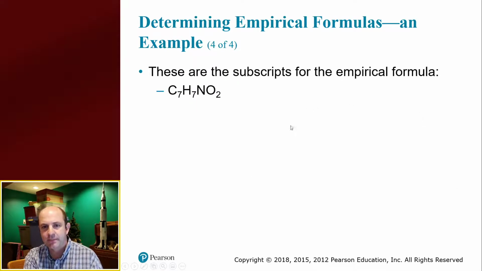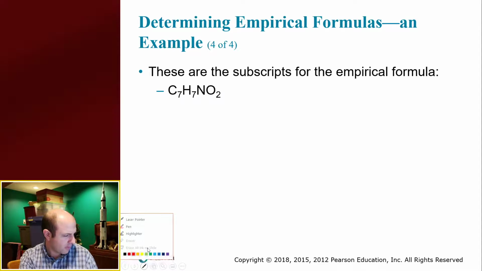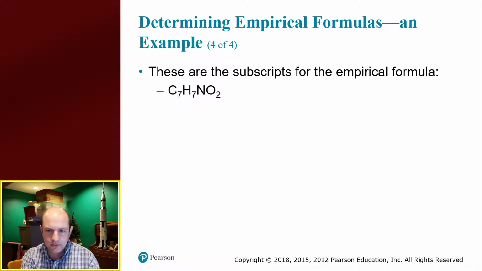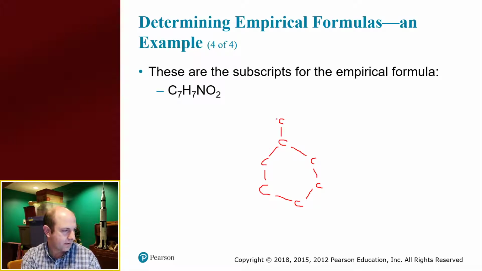So final step, we just make those numbers the subscripts we calculated. So C7, H7, NO2. And if we want to just take a quick moment, we can draw that molecule. So it would be C, C, C. You're not expected to know this because this is organic chemistry, but if you want a slight preview of what organic chemistry might be like, you have to look at all those words and know what they mean.